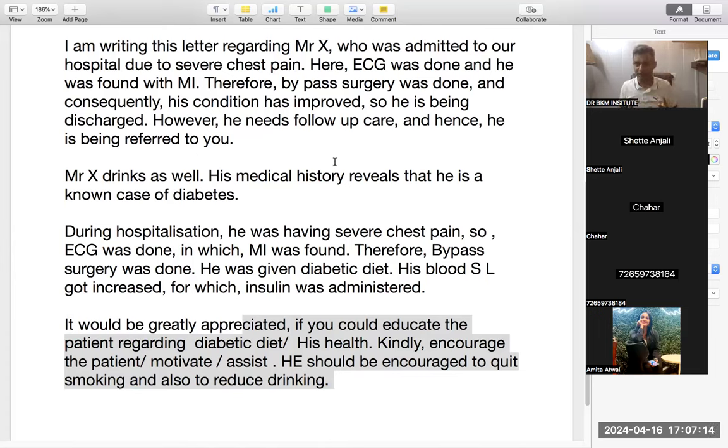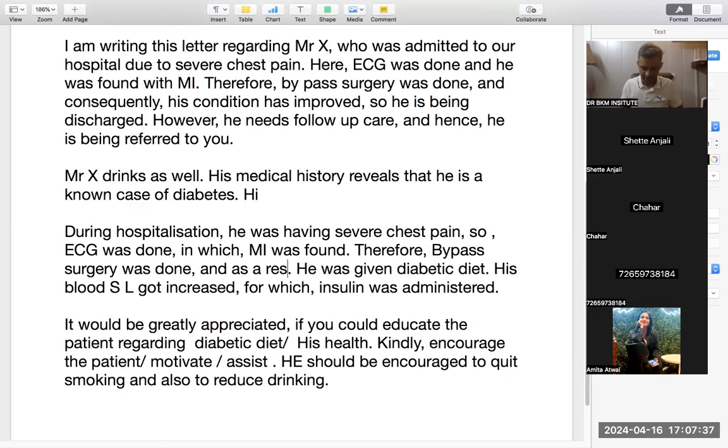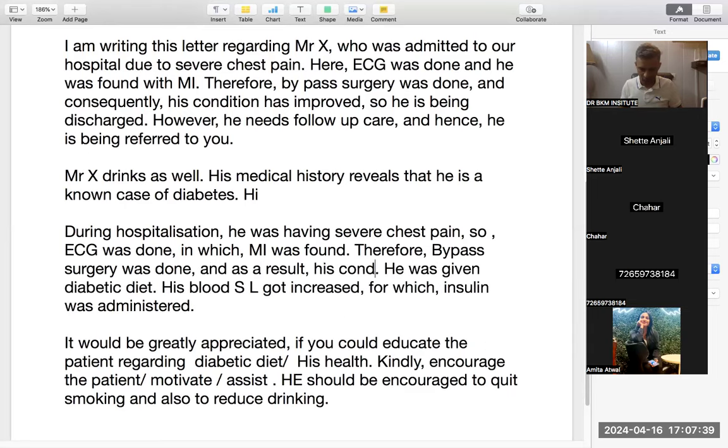Active, passive: whenever there is any word like increased, decreased, improved, like if I have to say his condition improved, so I will say his, I'm just writing this over here. So if I say, and as a result, surgery was done, and as a result, his condition got improved.